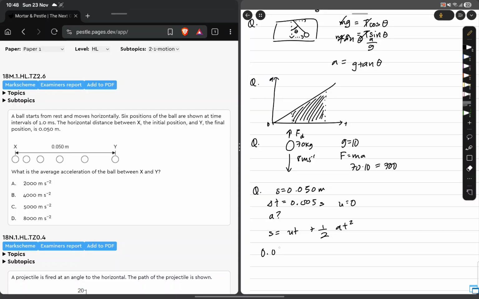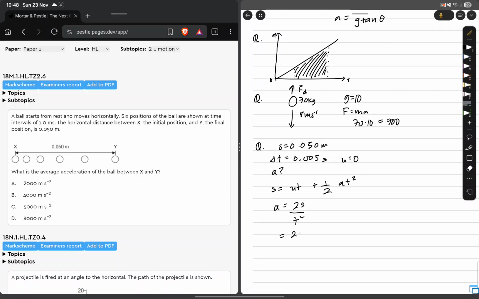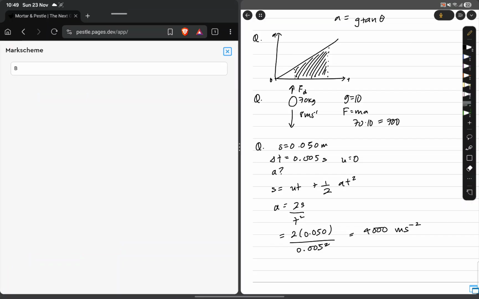We can isolate a first. a is going to be 2s over t squared, and if you plug in our numbers, 0.050 over t squared, 0.005 squared, which will give us around 4,000 meters per second squared, which is B.